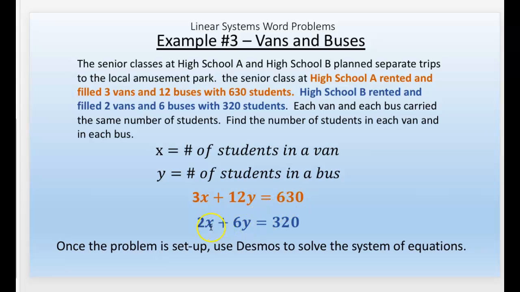High school B filled 2 vans and 6 buses, 320 students. Guys, just make sure that you put the vans with the same variable and buses with the same variable. Make sure that you do that, okay? And once it's set up, you can solve it using Desmos.